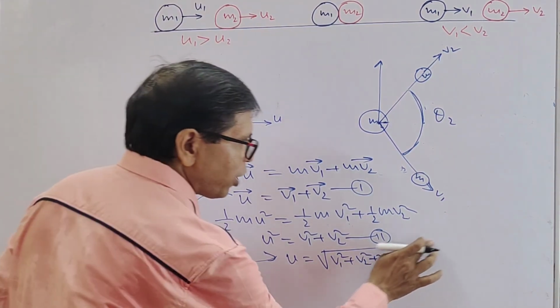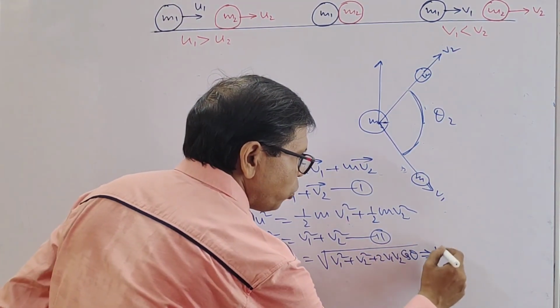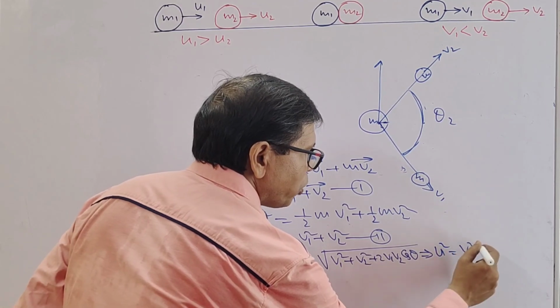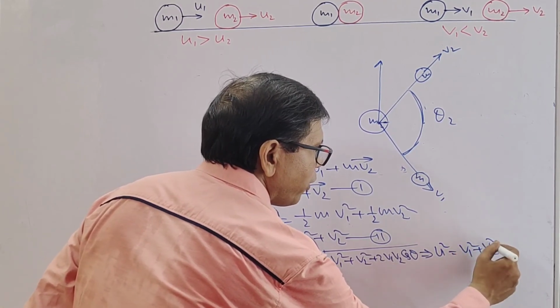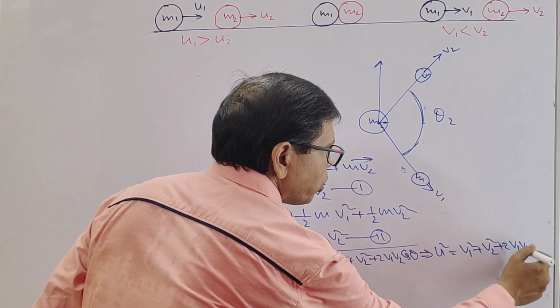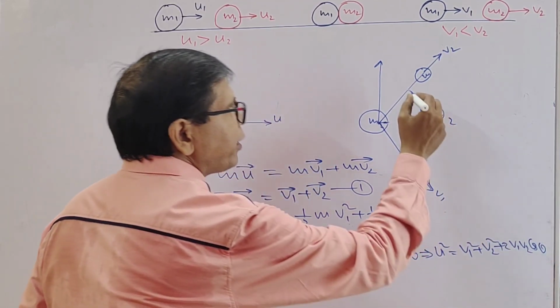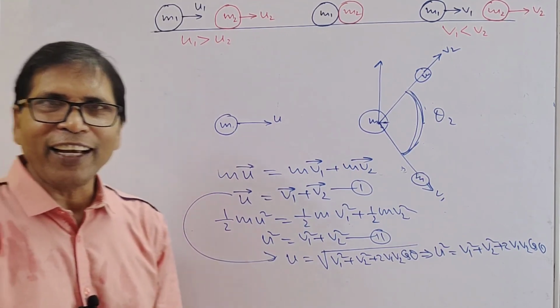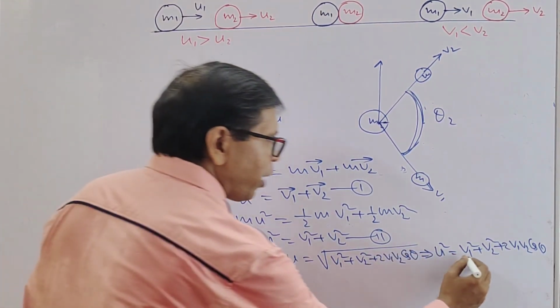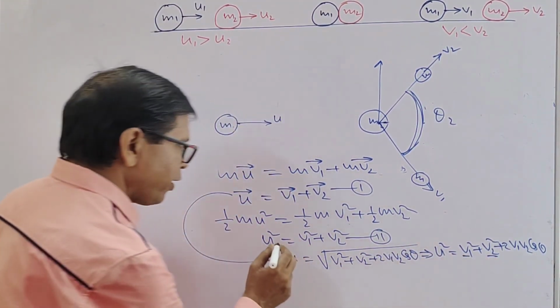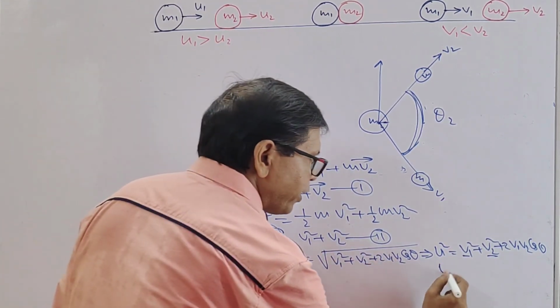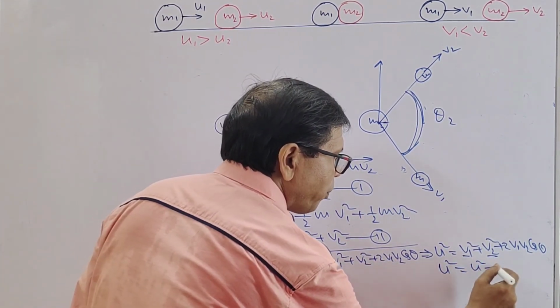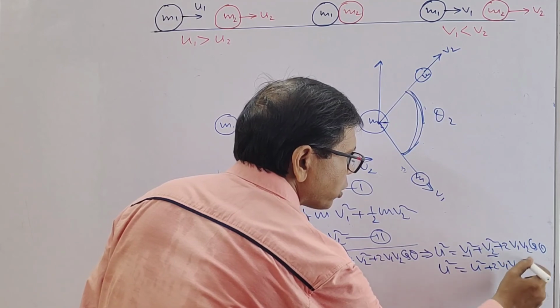Now from this condition we can write, u square equals v1 square plus v2 square plus 2 v1 v2 cos theta, where theta is the angle between the lines of motion of the two particles. Now here v1 square plus v2 square is u square. So u square equals u square plus 2 v1 v2 cos theta.